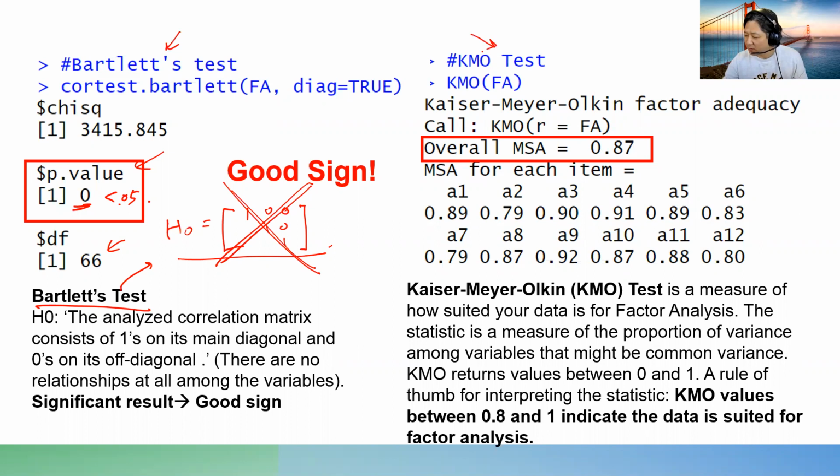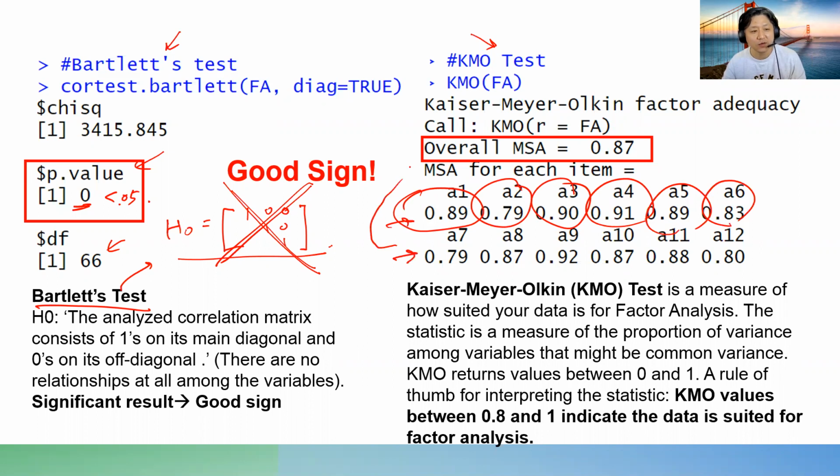And the KMO test evaluates the commonality. These are all the commonality information of your items or variables. If you add them up and get the sum, that is the overall MSA, 0.87. So overall commonality is 0.87.